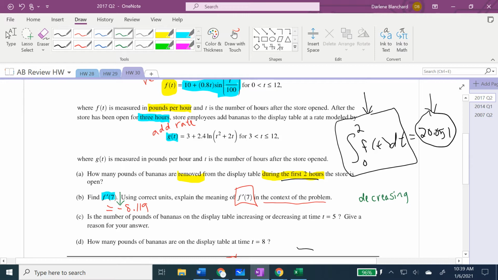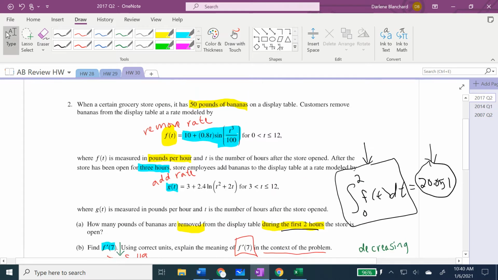And now, what is it that's decreasing? And this is the lovely part. F is already a rate. So you're saying that F is decreasing, but F is the rate at which bananas are removed from the table.